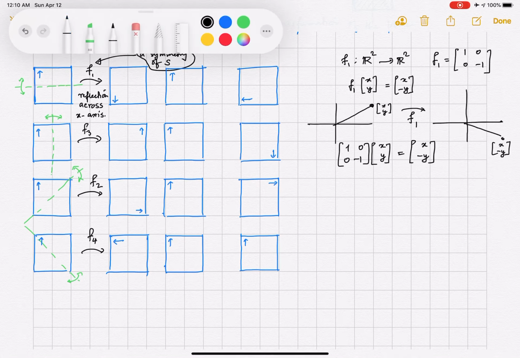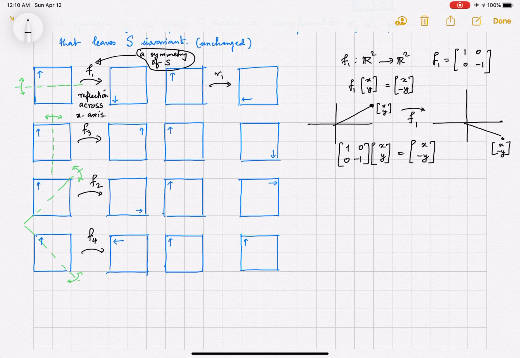So we'll call this one R1, 90-degree rotation anti-clockwise. This R2, that's a 180-degree rotation. R3 is 270-degree rotation.